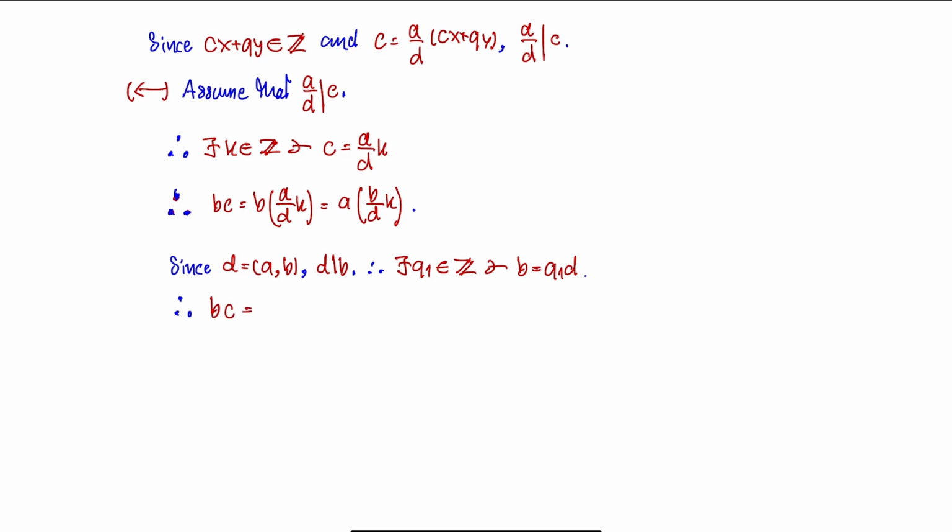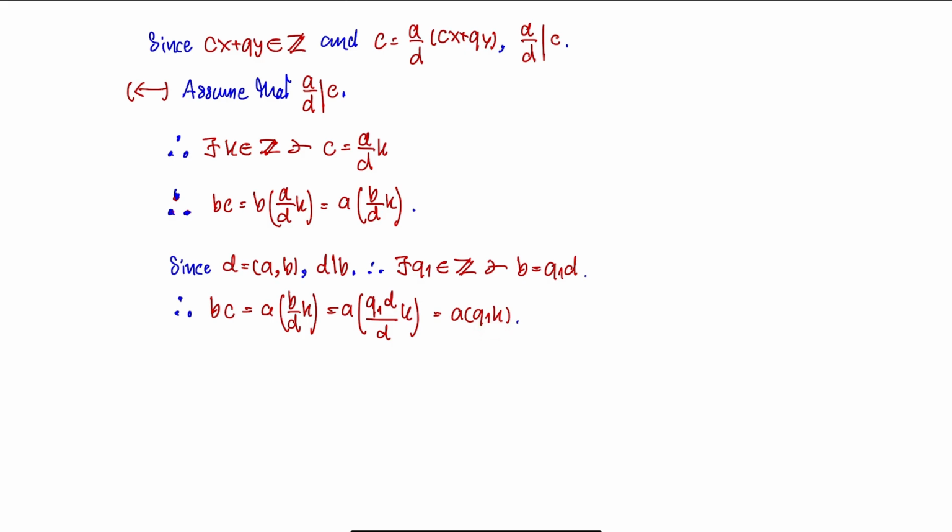What happened to bc right now? bc becomes a times b over d times k, which is a times, what is b? b is q1 times d over d times k. So this d will be cancelled and it turns out to be a q1 k. Now q1 k is an integer, right?